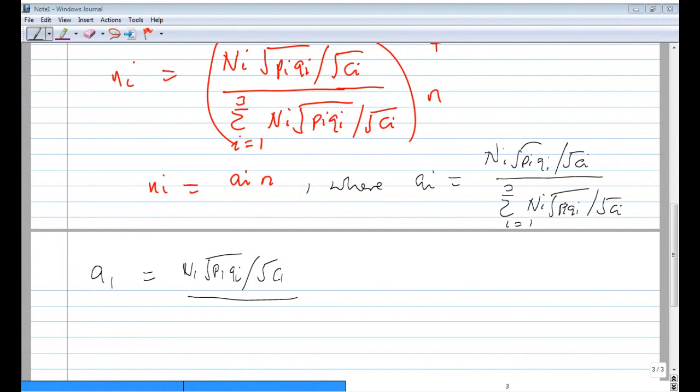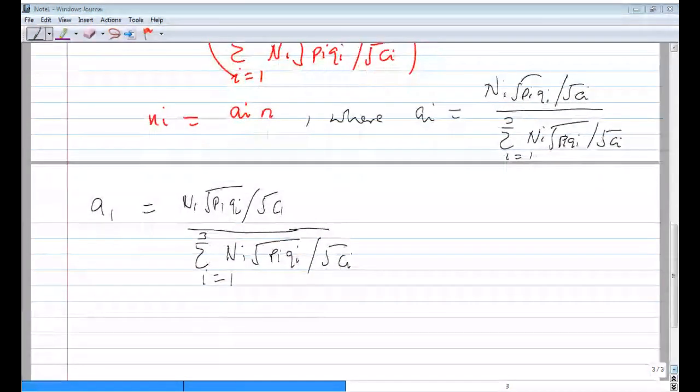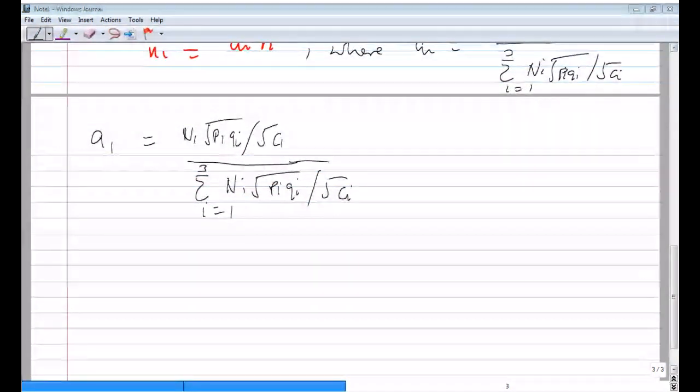Then you divide it by the summation where i is ranging from 1 up to 3 of Ni square root of Pi Qi divided by the square root of Ci, to calculate the fraction of observations for stratum number 1. So you have to use this one. The same applies to A2.